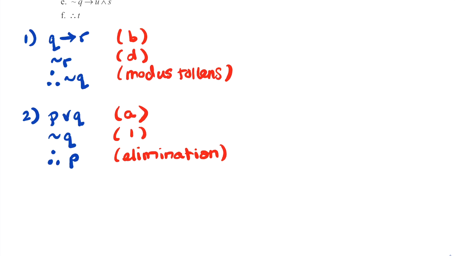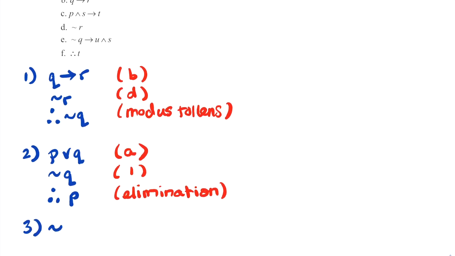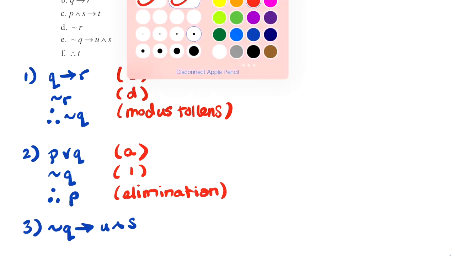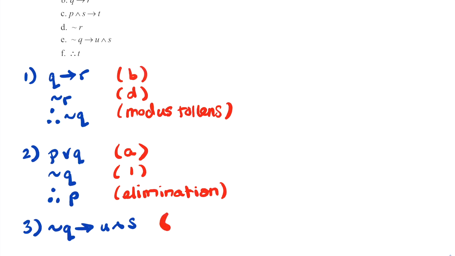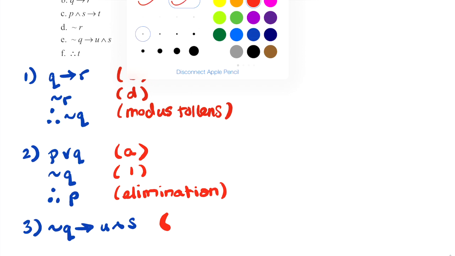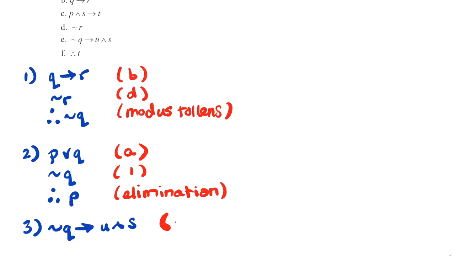All right. Next up, let's see what we got. So this one from premise E, not Q implies U and S. So that's premise B, or premise C. No, E.